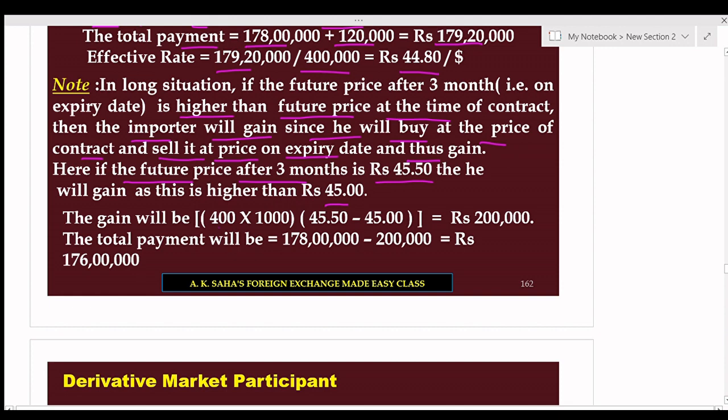The gain will be 400 multiplied by 1000, that is lot number and lot size, multiplied by 45.50, the expiry future rate, minus 45, the spot future rate, which is equal to rupees 2 lakhs. Total payment will be 178 lakhs minus 2 lakhs, which is equal to 176 lakhs.